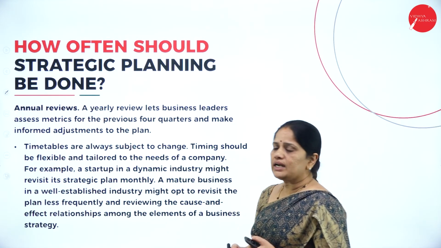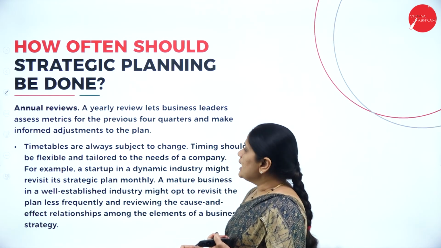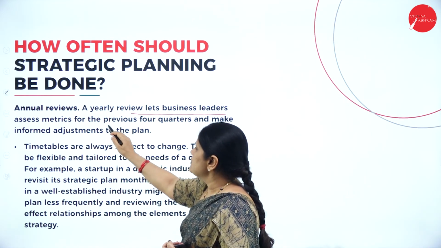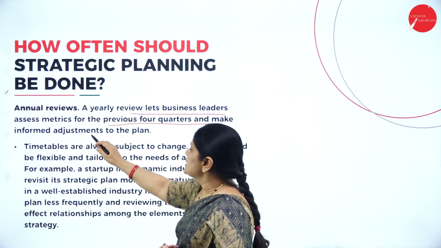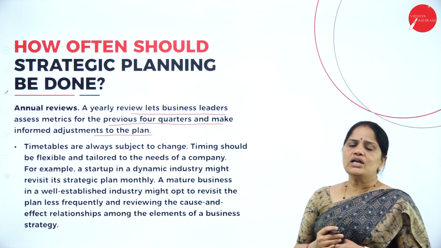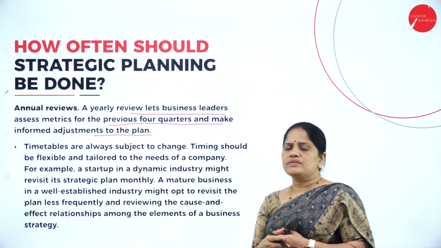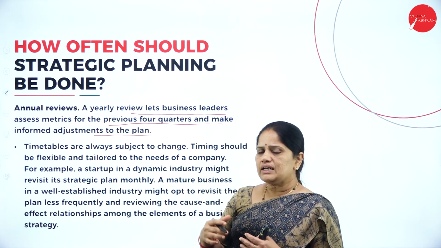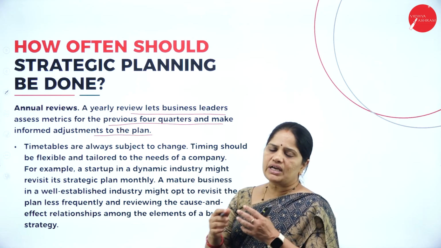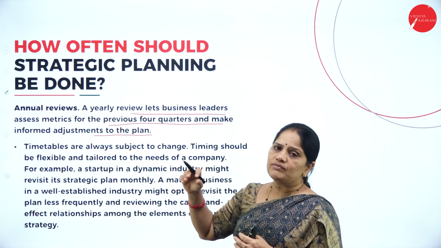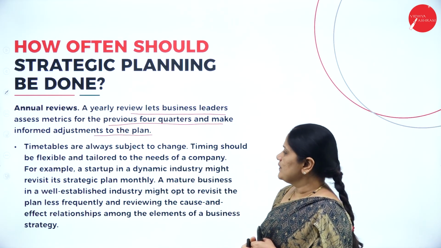The second approach is annual reviews. A yearly review lets business leaders assess metrics for the previous 4 quarters and make informed adjustments to the plan. So, the annual review looks back over the previous year's quarters, after the quarterly reviews.